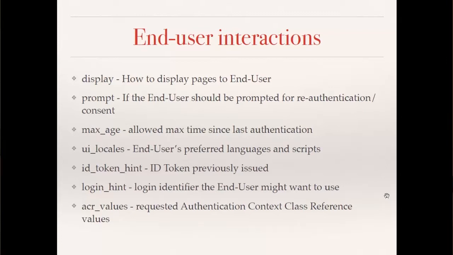One may demand LOA3 or something like that, but another might be okay with LOA1. And lastly, you can say what kind of authentication context you want to be used when you do the authentication. So you can influence quite a lot of what happens with the authentication.